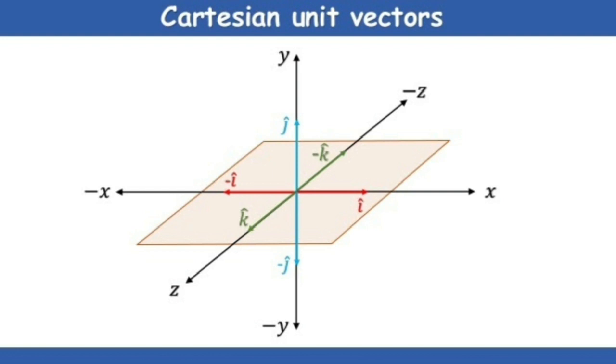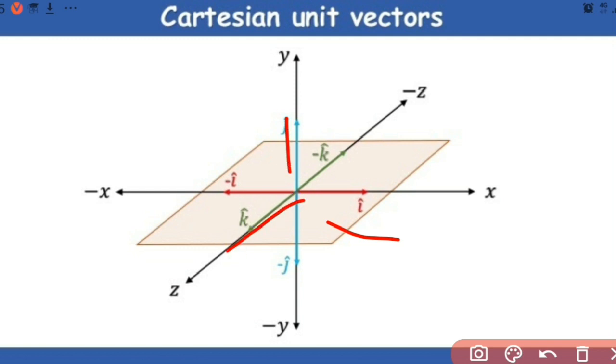The unit vectors along the x, y and z directions are taken to be i, j and k. As you can see, i cap is the unit vector in the direction of x, j cap is the unit vector in the direction of y, and k cap is the unit vector in the direction of z. So all these i, j, k are unit vectors in x, y and z directions respectively.